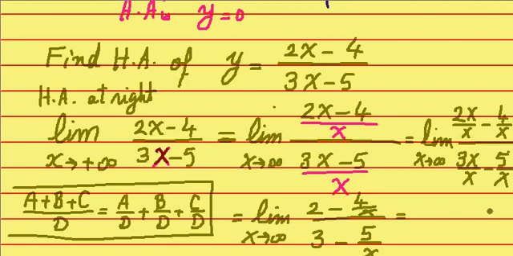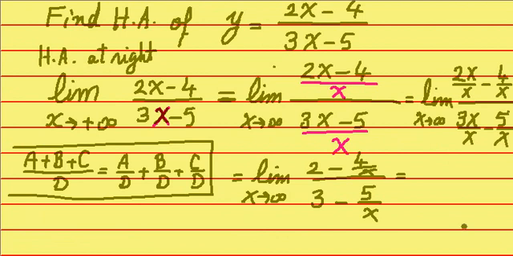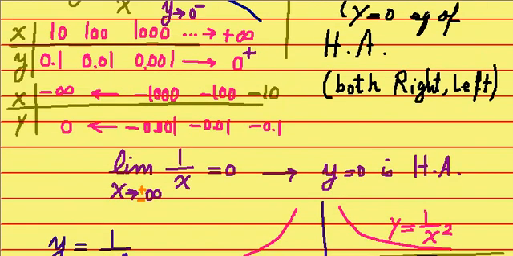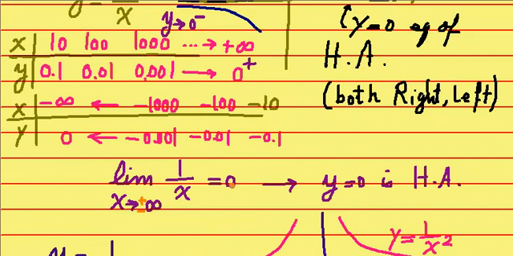Now I'm going to use several limit laws that we have. One is this ratio, 4 over x. As x goes to infinity, this one goes to 0. This one, by similar reasoning, goes to 0 again. Remember, let me remind you, we just said 1 over x goes to 0.